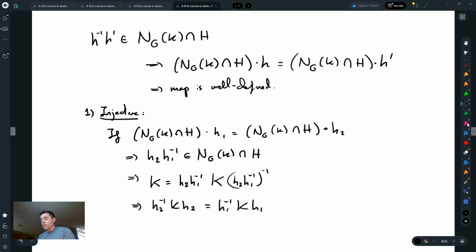I multiplied by h2 inverse here and get an h2 inverse here, multiplied by h2 over here and get an h2 here, and what remains is just h1 inverse K h1. So those two conjugates are the same, and that tells me the map is injective.